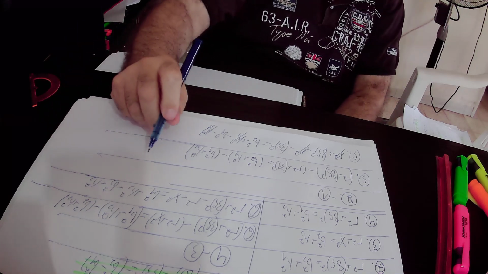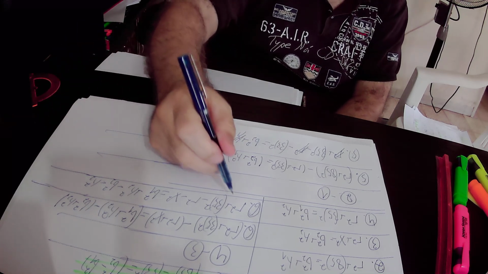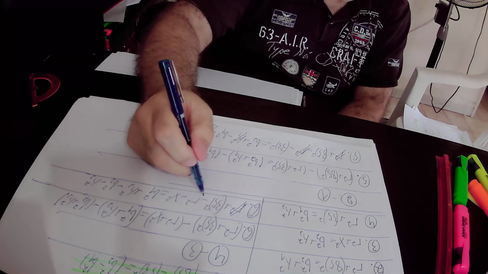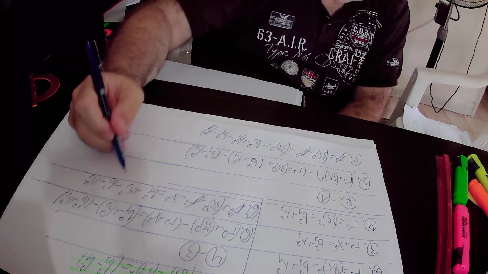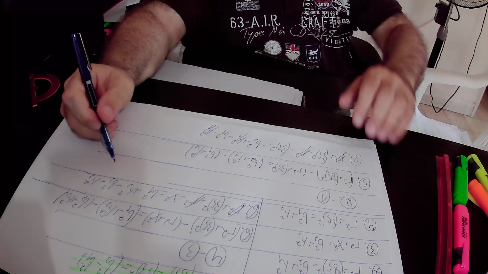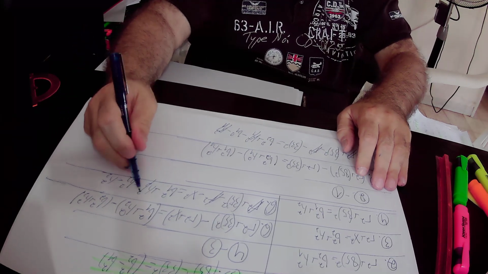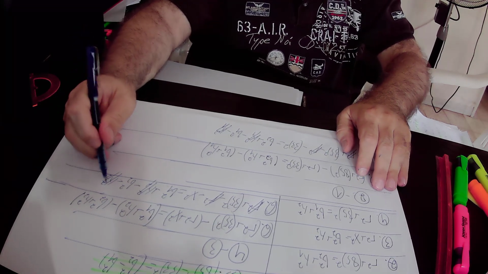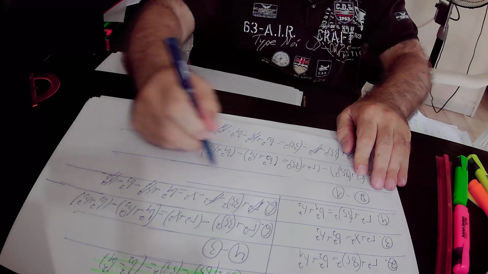On this side of equation number 6, r squared minus r squared is 0, so r squared will get cancelled. On the other side, h2 squared minus h2 squared is 0, so h2 squared will also get cancelled.